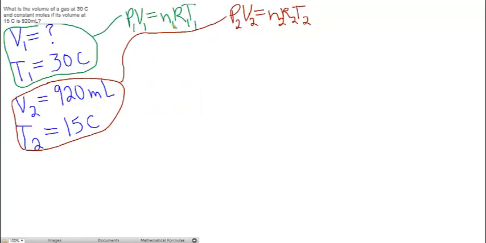Now let's cross off everything that we don't have. For this one, we don't have a pressure, so we'll cross that off. We do have a volume that we're going to solve for. We do have a temperature.